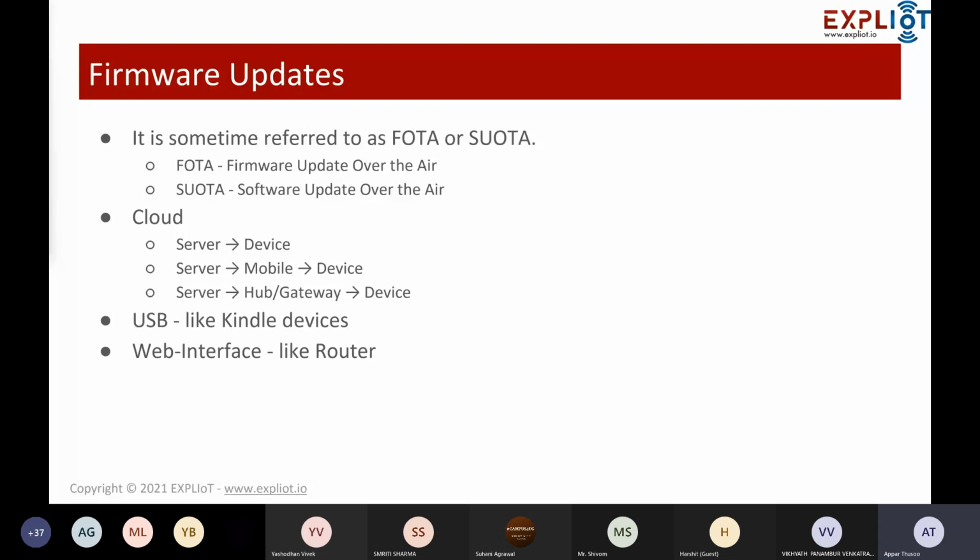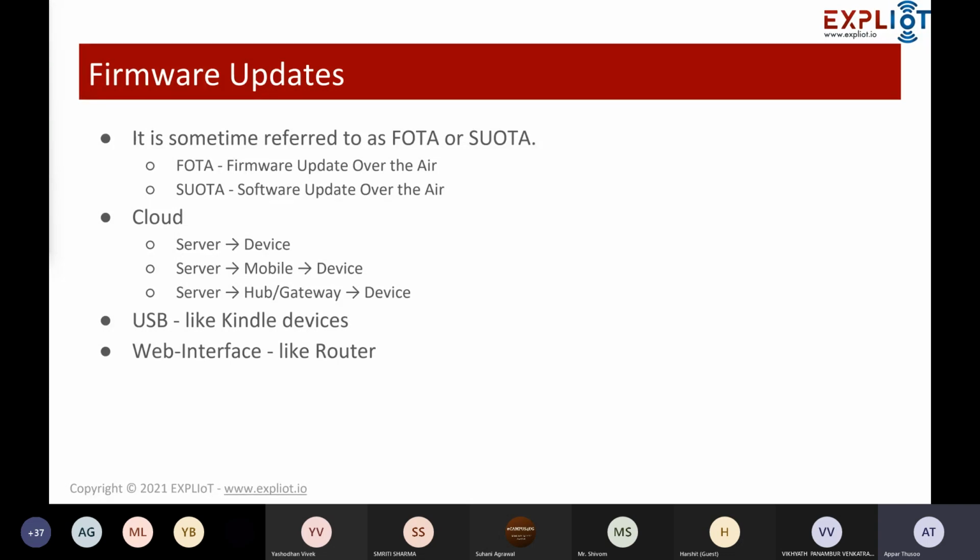Last but not least, you have USB firmware update. You can update the firmware via USB as well. You can download the firmware zip or firmware binary from the support website, connect your device, and update the firmware that way. Or you can update your firmware via the web interface like you see in routers.